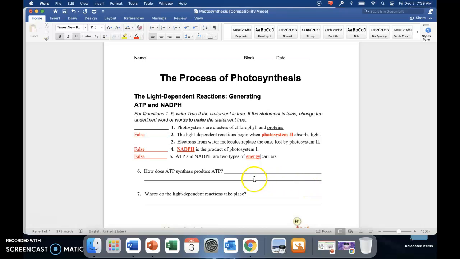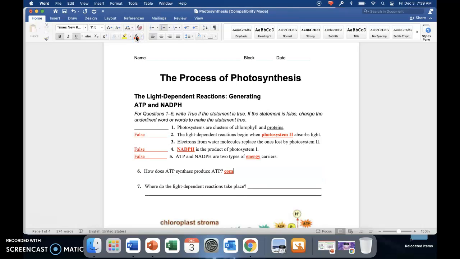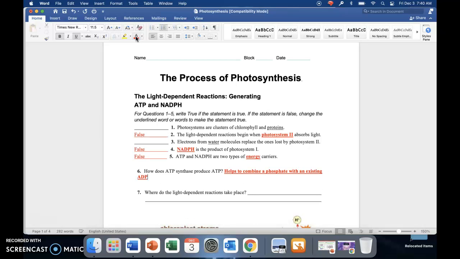What this does is it helps to combine a phosphate with an existing ADP molecule, or adenosine diphosphate.